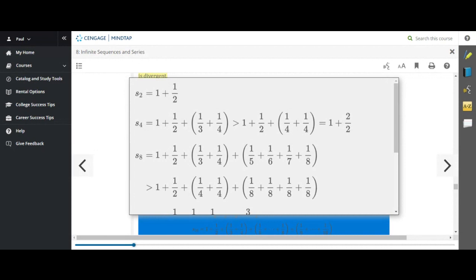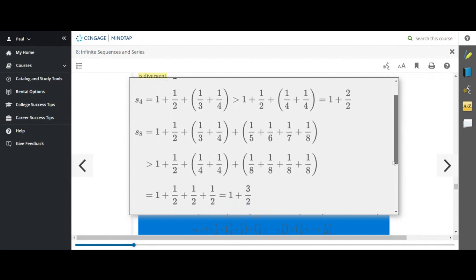But then they group the last 4 of those terms, a 5th plus a 6th plus a 7th plus an 8th, and they're saying that is greater than an 8th plus an 8th plus an 8th and an 8th. This means that this, let me just see if I can bring this up a little bit.